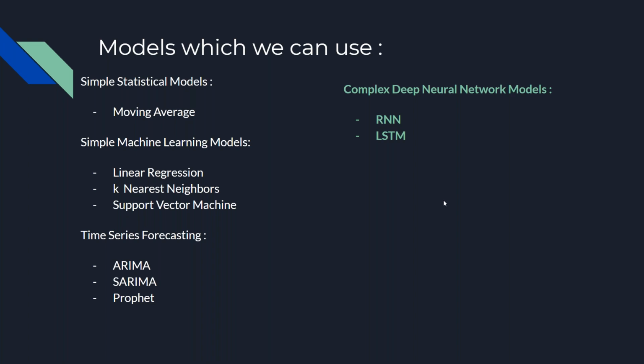Further, we have time series forecasting models like ARIMA, SARIMA, and Prophet. Then we have deep neural networks like RNN and LSTMs, which among these gives the highest accuracy.